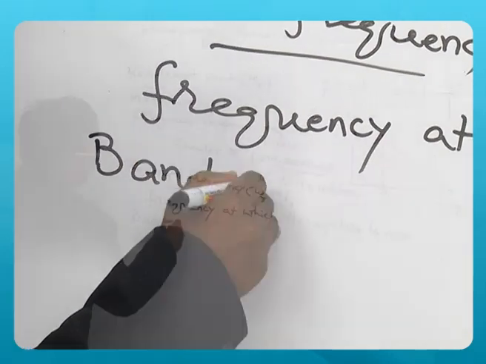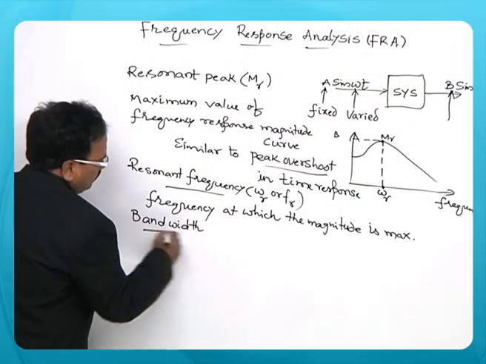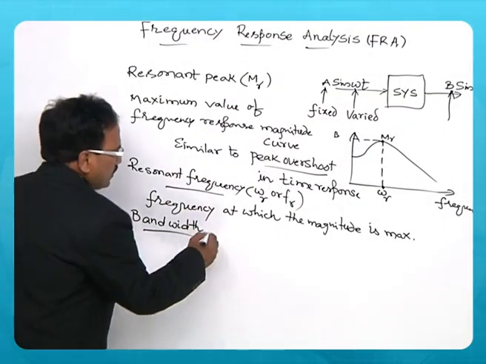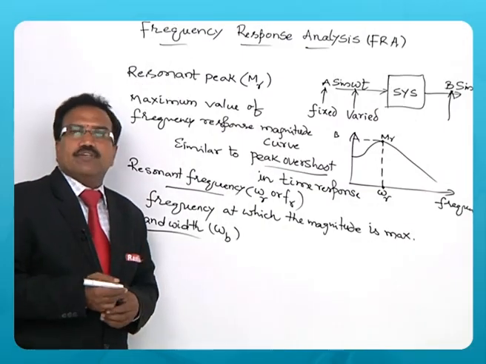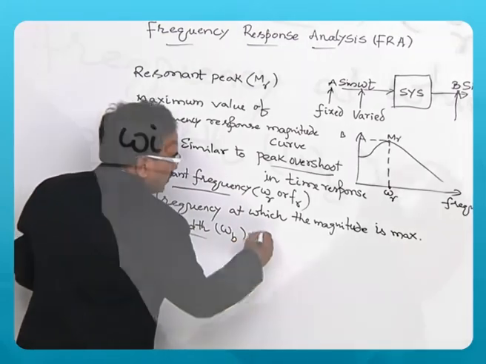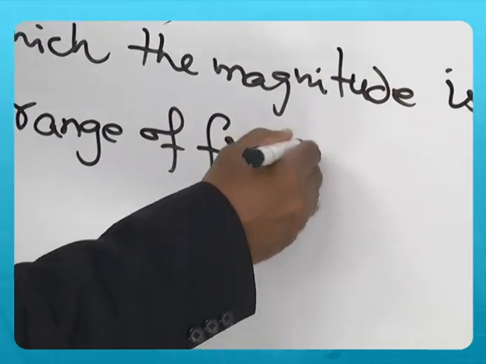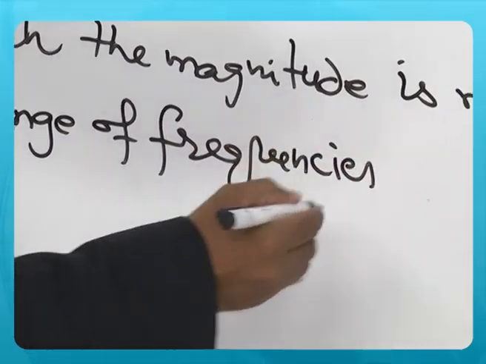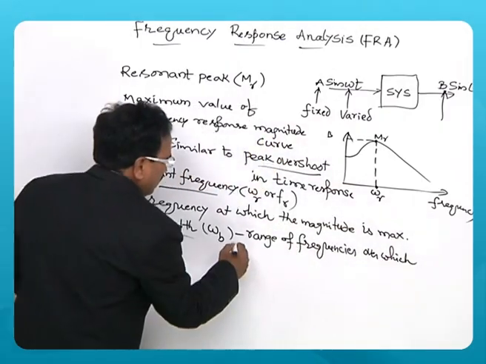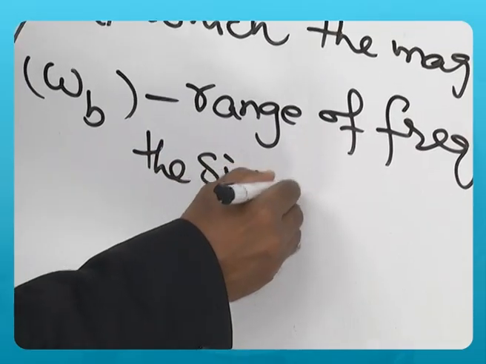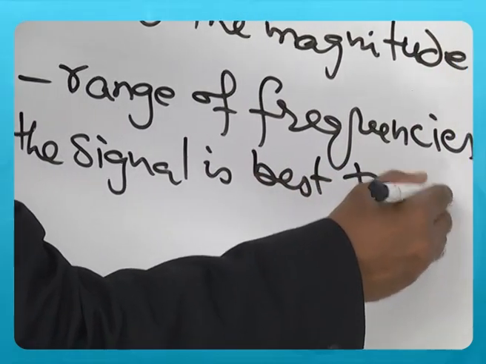The next term in frequency response analysis is bandwidth. This is represented by omega b, and units are similar to frequency. So this is nothing but a range of frequencies over which the signal is best transmitted.